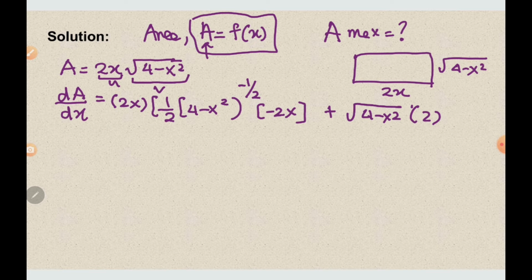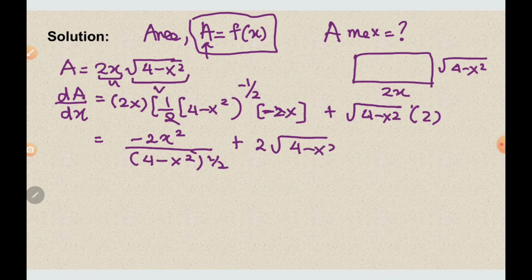Now we simplify by canceling out 2 there. You will get negative 2x times x, so negative 2x squared over the square root of 4 minus x squared, since negative 1 over 2 brought down becomes 1 over 2, plus 2 times the square root of 4 minus x squared.